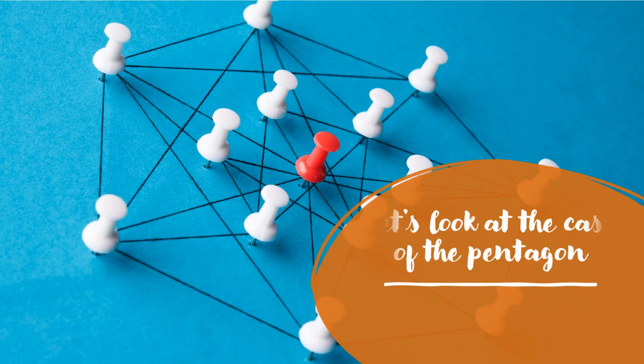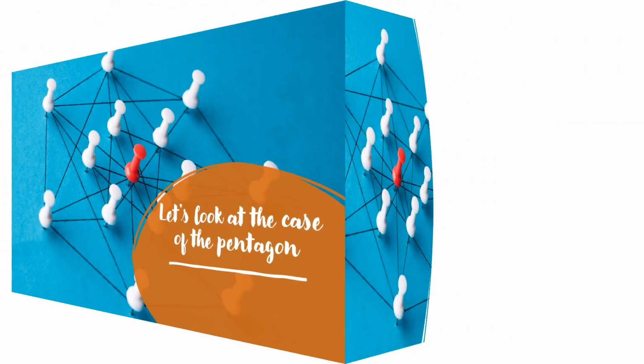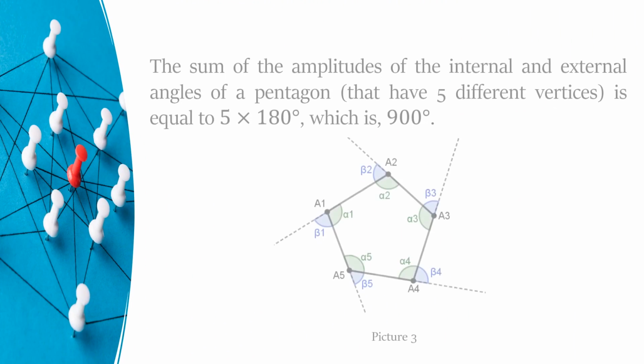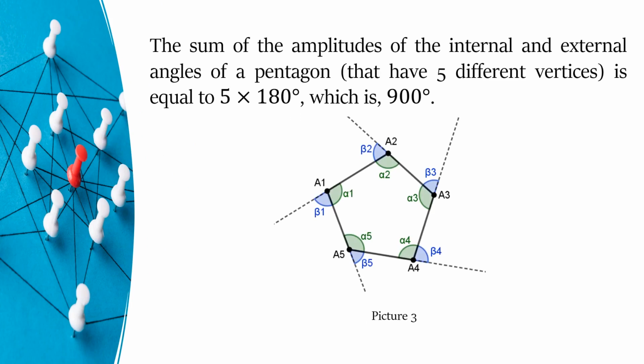Let's look now at the case of the pentagon. The sum of the amplitudes of the internal and external angles of a pentagon, which has 5 different vertices, is equal to 5 times 180 degrees, which is 900 degrees.